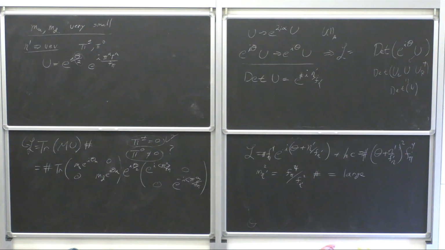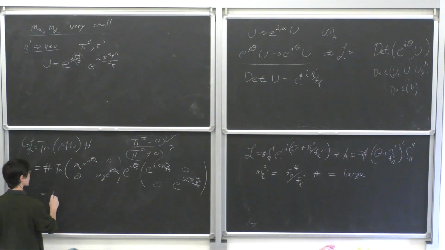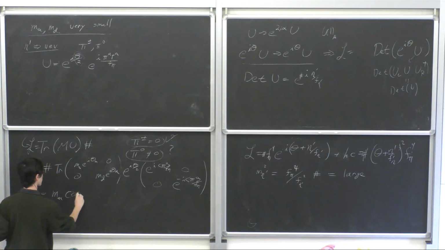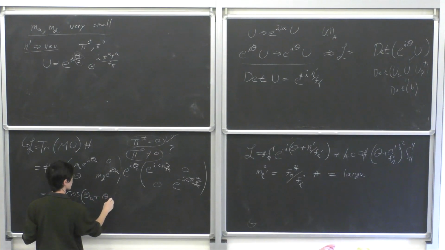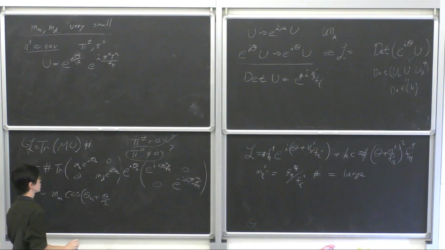Plus HC just turns things into sines and cosines. First term involves mu cosine of theta u plus theta over 2 plus VEV of pi 0 over f pi.